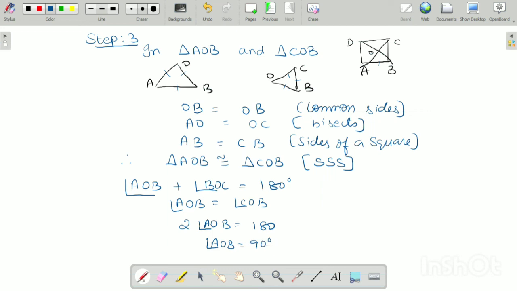So the last condition: angle AOB is equal to angle COB, which is equal to 90 degree. That is, AC is perpendicular to BD. Hence the theorem is proved.